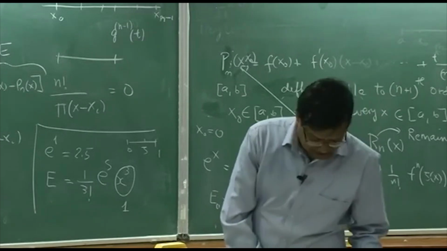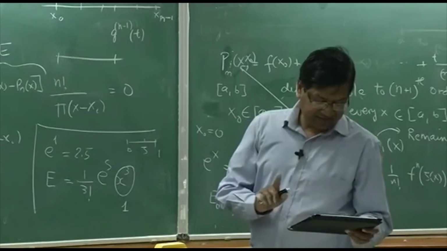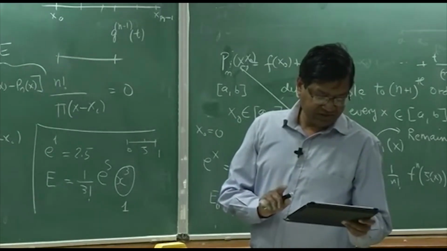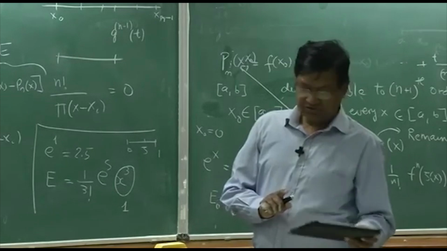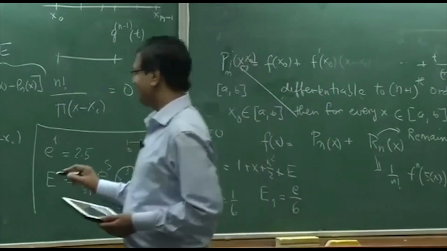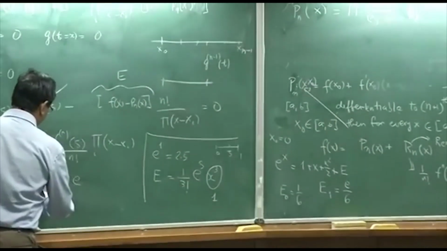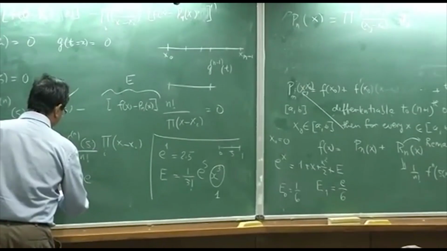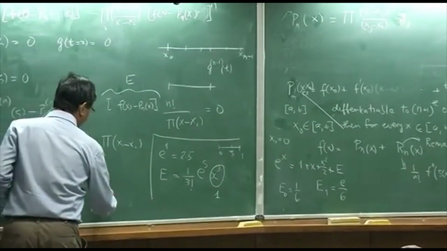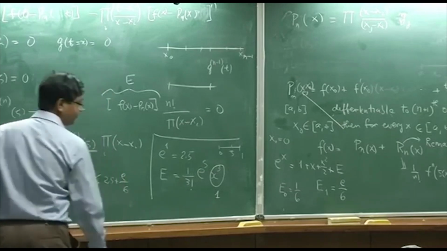So, e is 2.71, yeah. These are lower bounds. Just to get this thing right, e lies between 2.5 plus 1/6 and 2.5 plus e by 6.